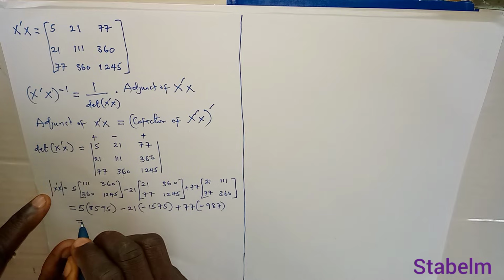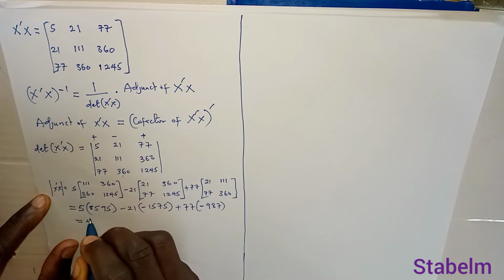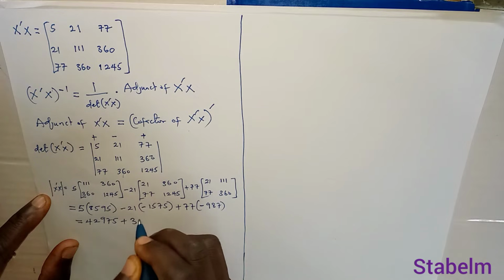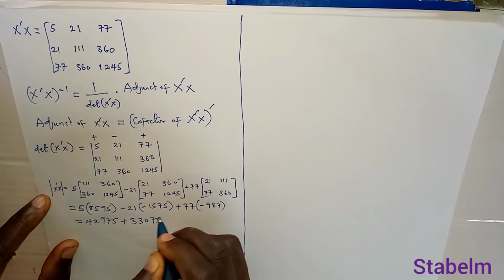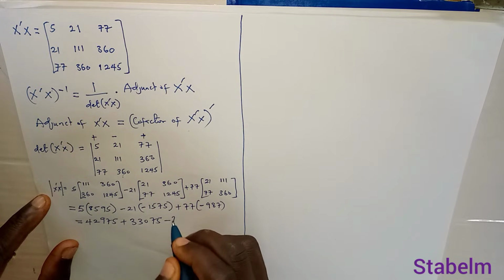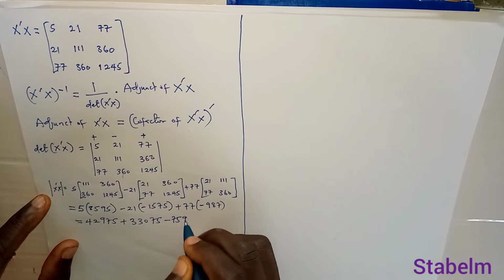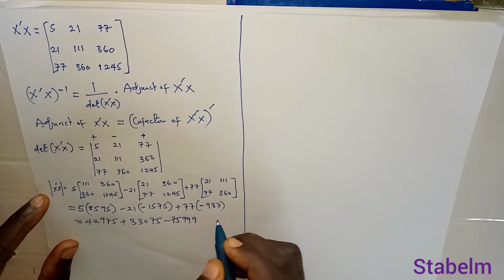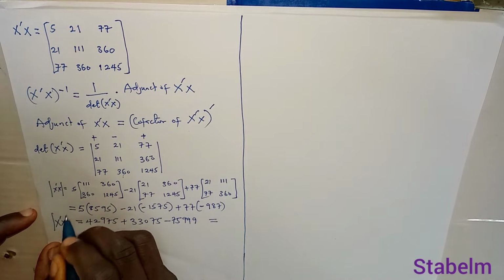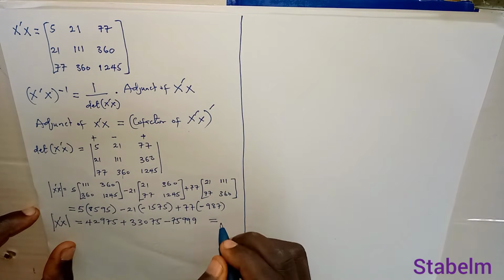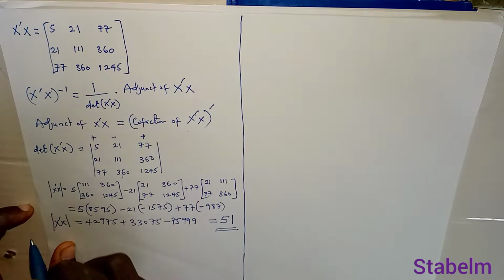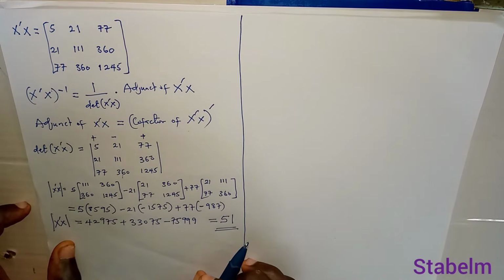We're going to have 42975 plus 33075 minus, if you multiply this, 75999, and adding all this together, our determinant of x prime x will be equal to 51.